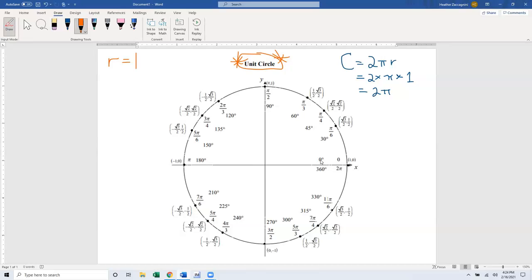So that means that if we start here and we go all the way around the circle and come back again, we have gone 360 degrees, right? We've gone from 0 to 360. Well, on the unit circle where the radius is 1, we have started at 0 on the circumference, and we've gone around a length of 2 pi.